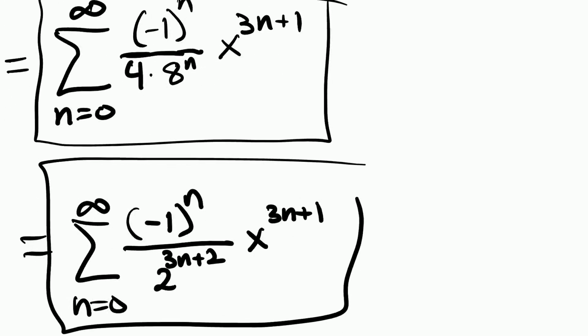So I just combined the 8, which is 2 to the 3n, with the 4, which is 2 to the second. So once again, that's kind of overkill, unnecessary, but it's kind of fun. But you don't have to. In fact, on a test, you might not want to get too fancy, because fanciness is where you make mistakes, right? When you get fancy, you start making mistakes. Don't do it.